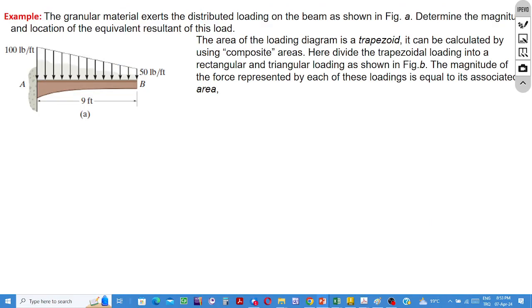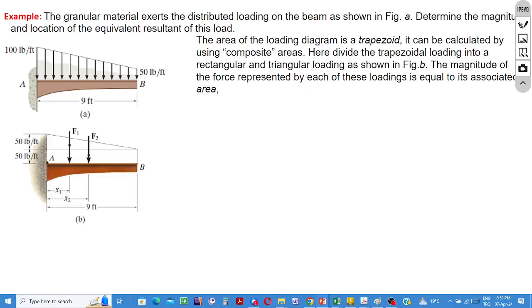Okay, another example. In this example, the area under the load curve is a trapezoid. Why not? A trapezoidal area can be considered as a composite area and subdivided into rectangular and triangular areas. Knowing that the area under the load curve is equal to the magnitude of the resultant of the distributed load, for the triangle, the corresponding resultant is F1.